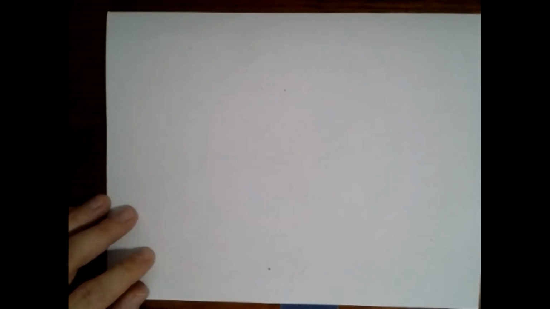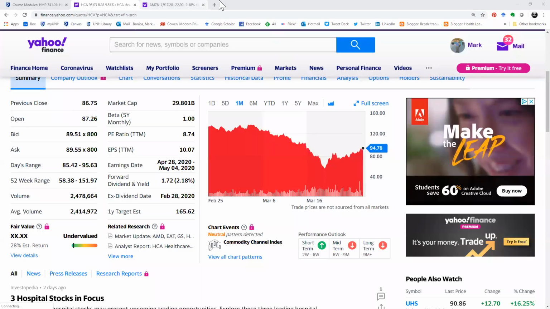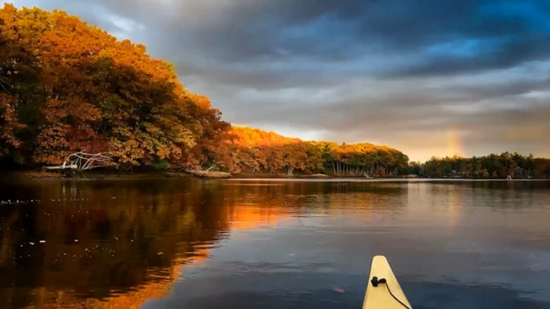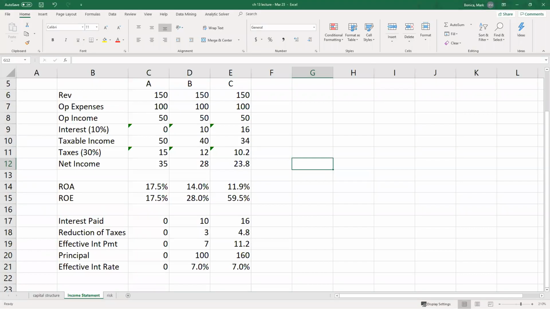What I want to do now is switch gears a little bit and look more closely at the weighted average cost of capital and how different balances in the financial structure affect the actual weighted average cost of capital that we wind up paying.